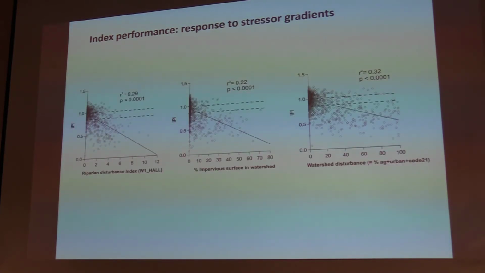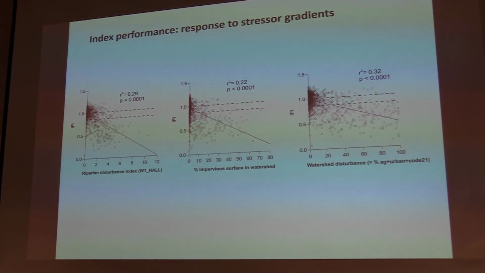We also looked at the response of the IPI to continuous stressor gradients, so not just between categorical groups of sites, but to more continuous stressor gradients. So in these plots, I have IPI on the y-axis. On the left, it's plotted versus our riparian disturbance index.